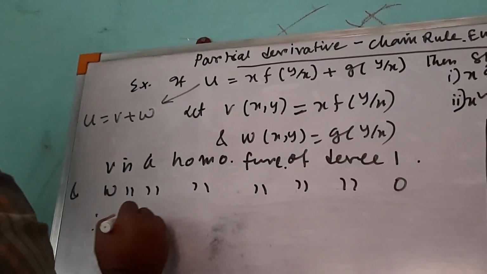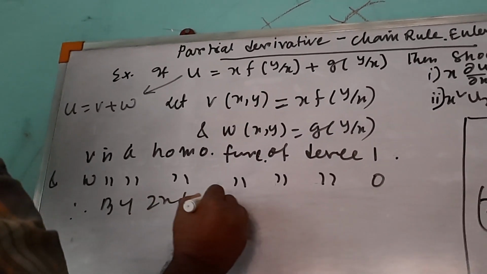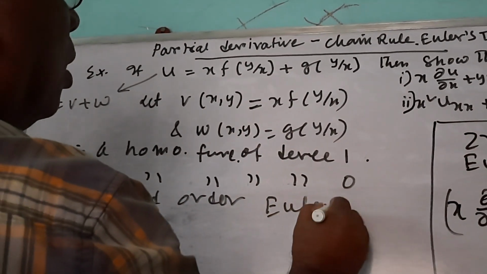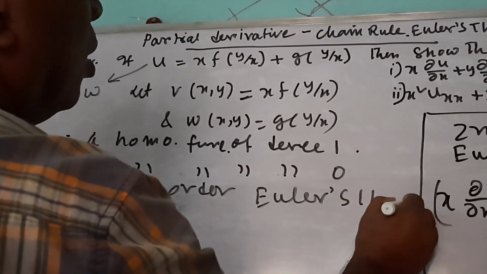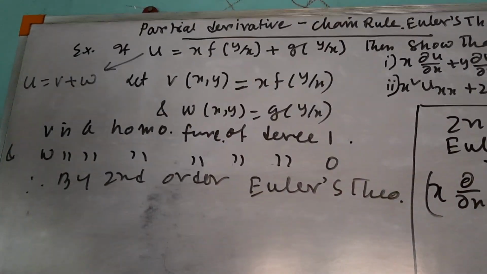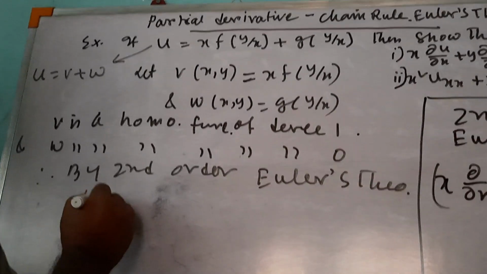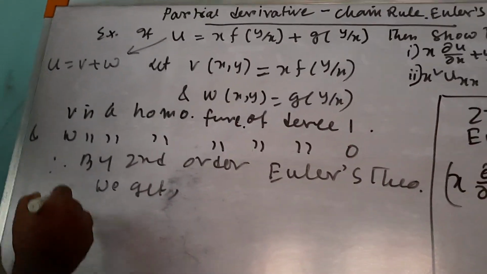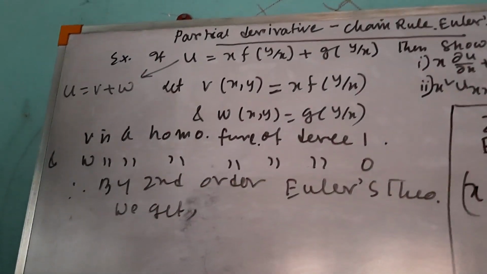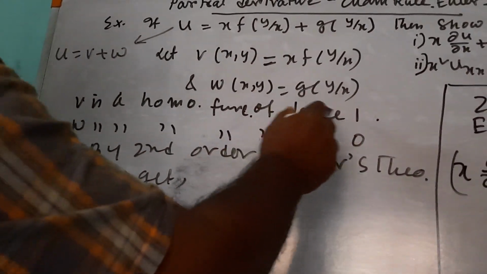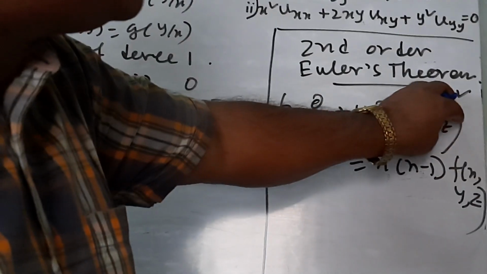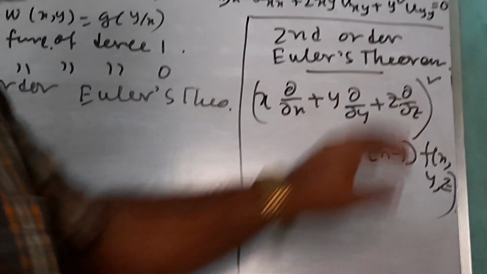Therefore by second order Euler's theorem, we get x into... here v is a homogeneous function of degree 1 in the variables x and y. So x and y, we are not taking z over here.